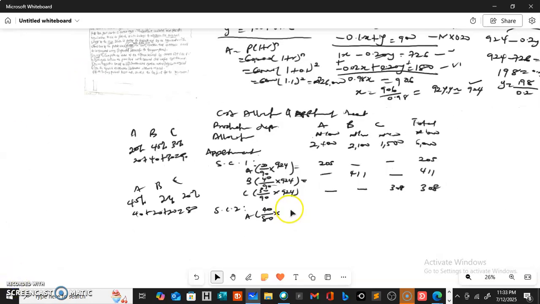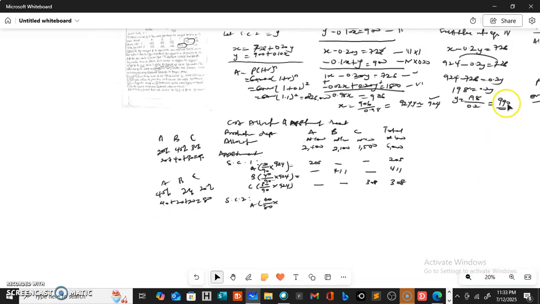So we have 40 over 80 multiplied by the next figure that we have here, which should be 990. That's 990. Let me try and reduce this a bit so I can see the figure.